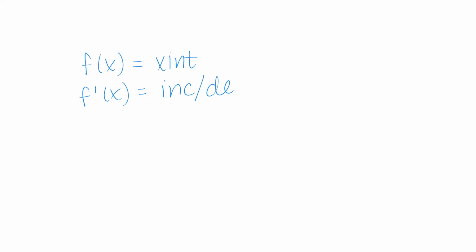All right, so as a quick review, let's run through this one more time. The original function gives you x-intercepts. The first derivative gives you increasing and decreasing. The second derivative gives you up and down for concavity.